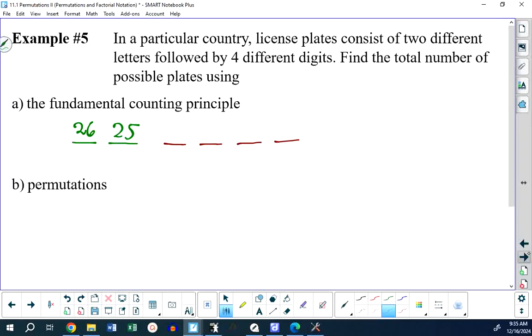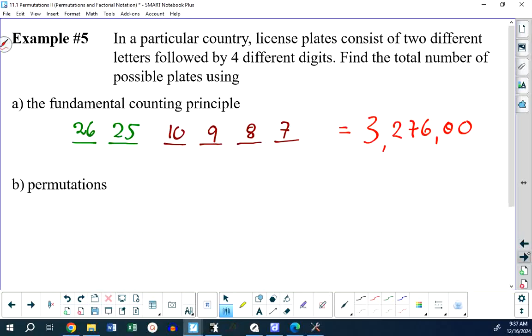While there are 26 letters in the English alphabet, I guess maybe the question could have said we can't use an O or an I, in which case it would be 24 times 23. But there are 26 letters for the first entry and then down to 25 because you cannot repeat. And then I hope this isn't a big shock to your system. 3,276,000, yes? Okay. So 3,276,000 different plates.